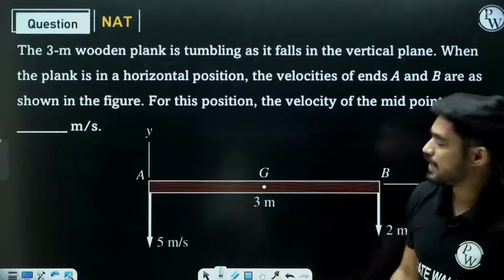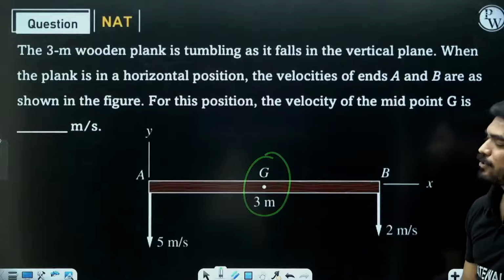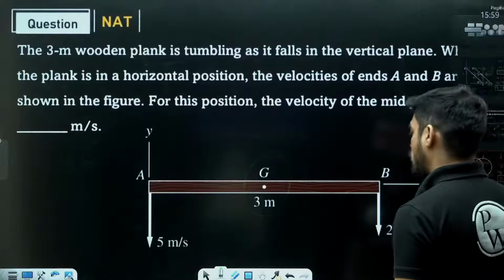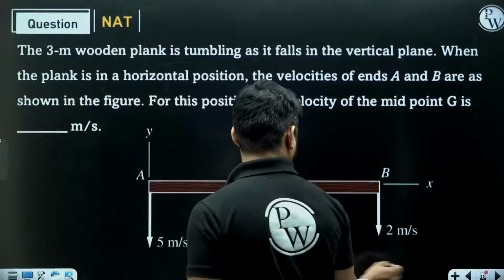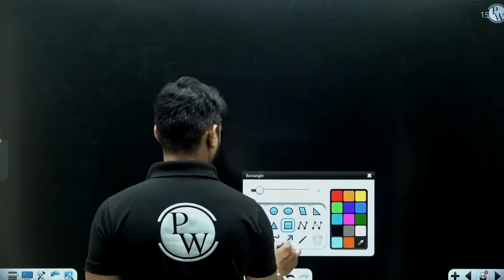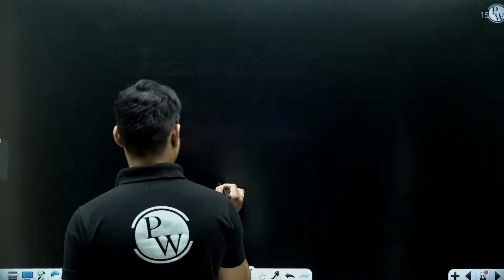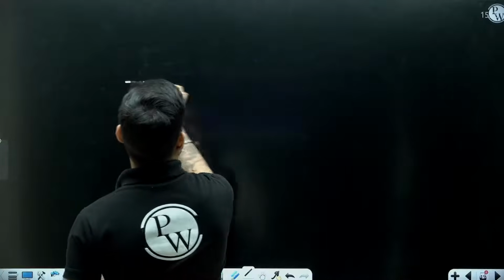So in order to find the velocity of midpoint, we need to find the eye center, right? So how do we find the eye center? So this is the rod.